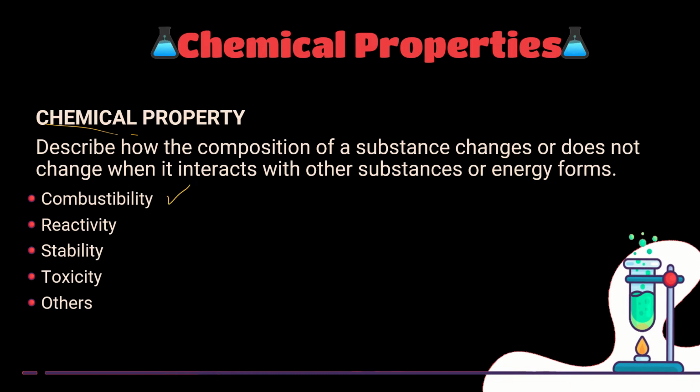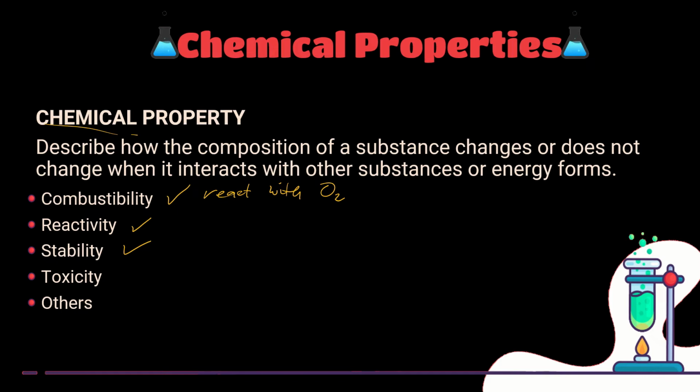So what do we mean by combustibility? This is the ability of a substance to burst into flames or to react with oxygen gas. What about reactivity? Kapag sinabi naman natin na reactivity, this is the ability of the substance to undergo a chemical reaction. And then we have stability.